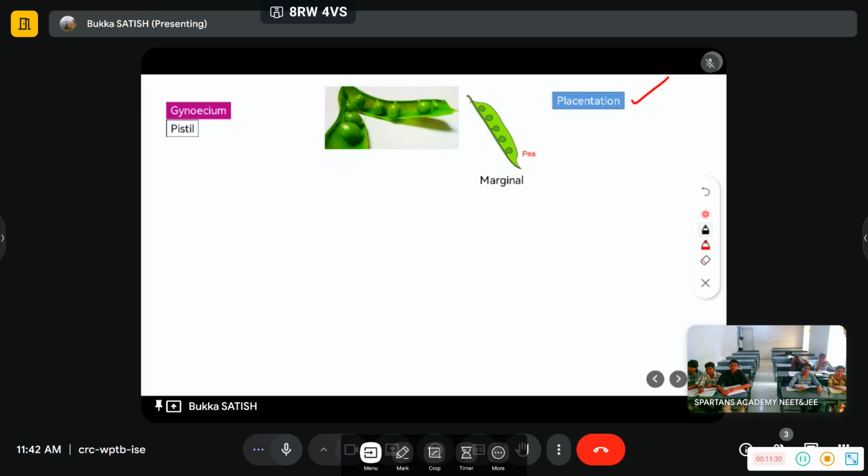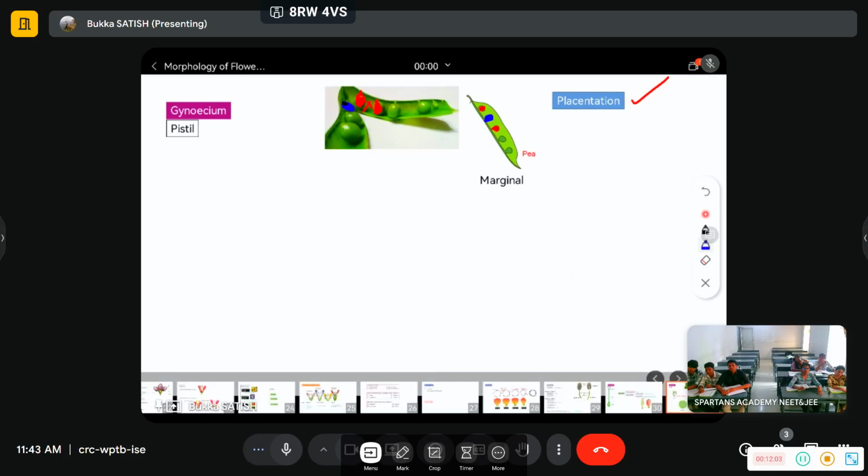So if you see the arrangement of these seeds, one seed is here, right? And here there is a gap. In between, what is there? So I'm just giving the color. Which means these ovules are arranged in two rows.